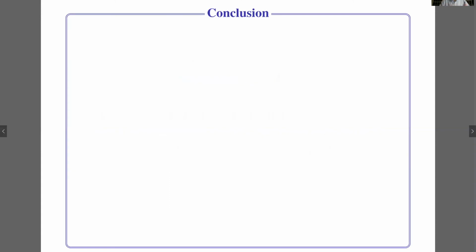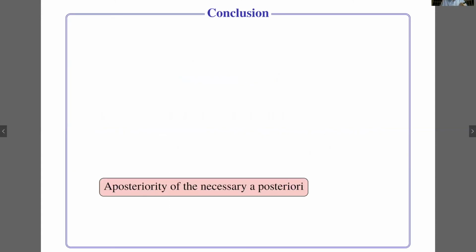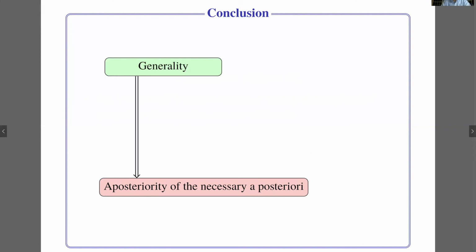Okay, so the conclusion of the entire talk is this picture. I wanted to model the a posteriority of the necessary a posteriori. So the first half of the talk was to give a general semantic framework.